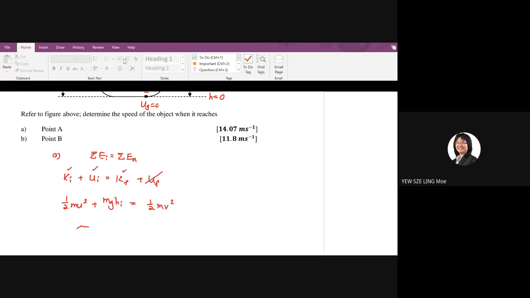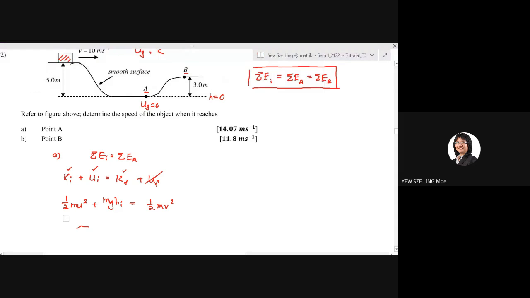So what next? Next, we substitute the values. Again, if you look at the question, we're not given m. But if you look at the previous step, every single variable comes with m, so you can cross it out and cancel it.